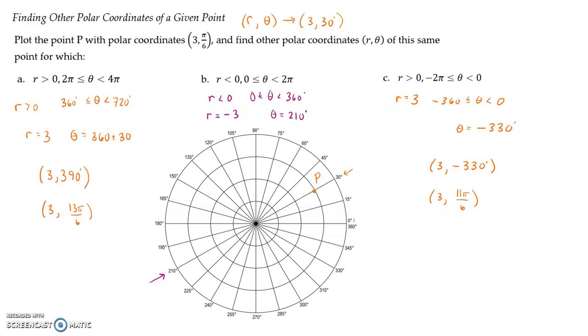That would actually put us out here in quadrant 3, but because that radii value is negative, we would actually be counting 3 units in the opposite direction along that radial line so that we end up in the same spot as point P. So our answer here is going to be -3, 210 degrees. Or if you want to write that in radians, this will be the same thing as -3 and 7 pi over 6.